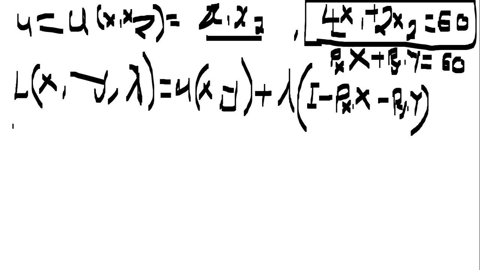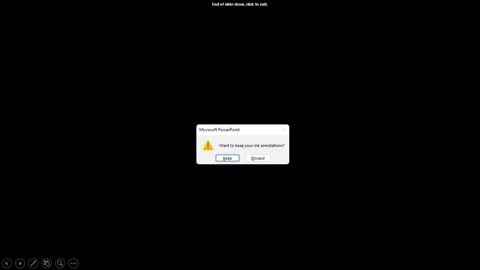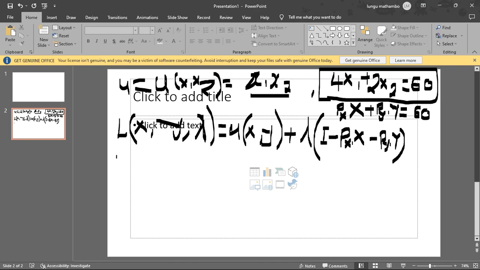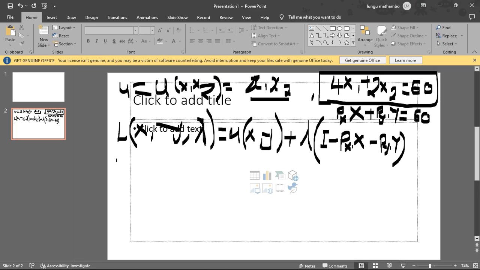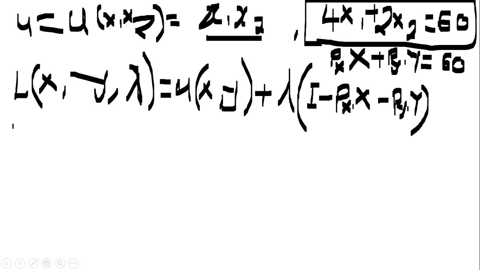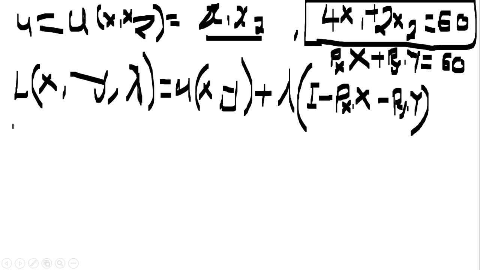The first thing to do is to get the partial derivatives, which means that we're supposed to get the partial derivative with respect to x. We should also get the partial derivative with respect to y.